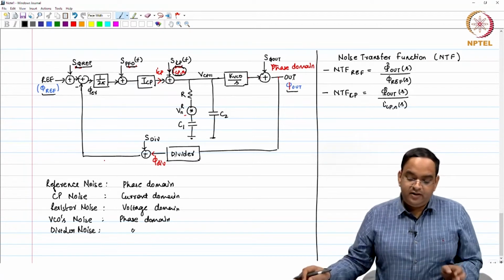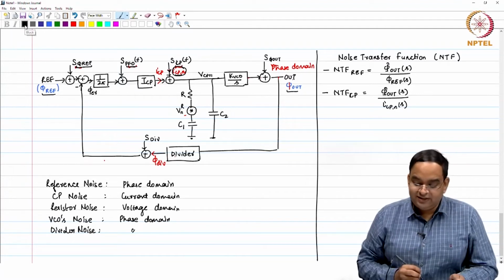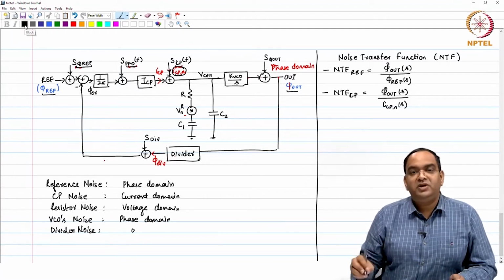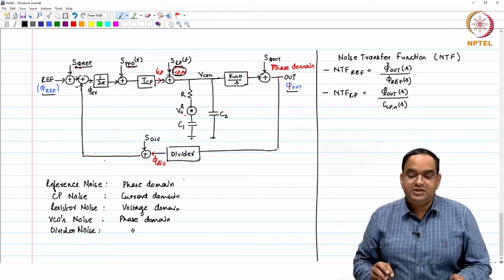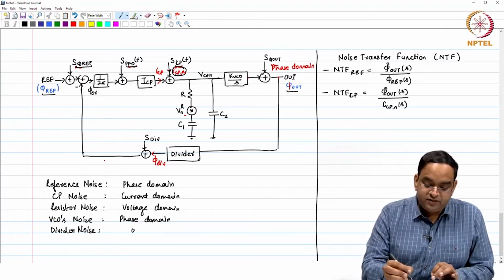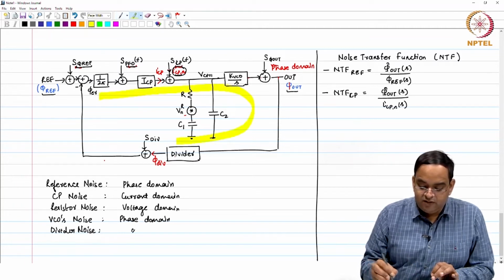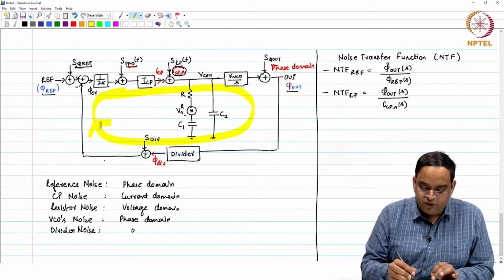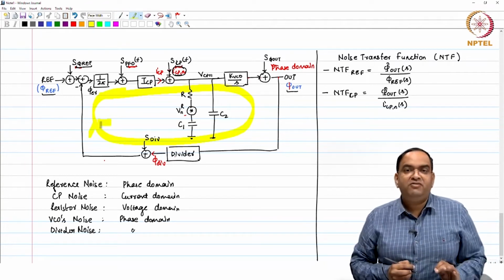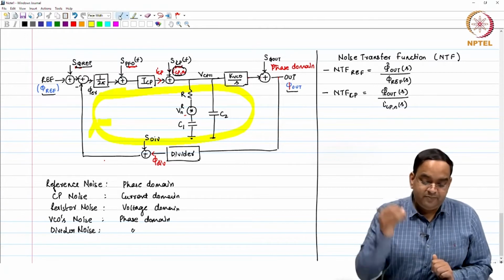Before we go ahead and define all the transfer functions, it will be easy for us if we first define the loop gain and then work out these transfer functions in terms of the loop gain, because all these transfer functions are for the same loop, just that the point of addition is different, but the point of observation here is the same.